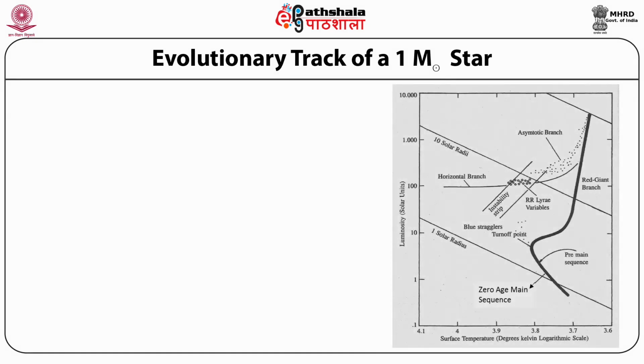Evolutionary track of a one solar mass star. This figure sketches how a star of about one solar mass evolves in the plane of the CM diagram. While on the main sequence, the star burns hydrogen.